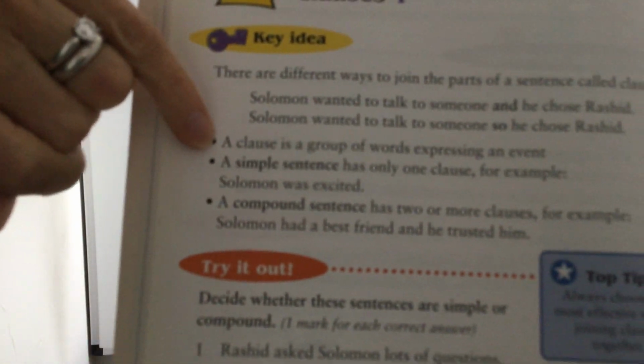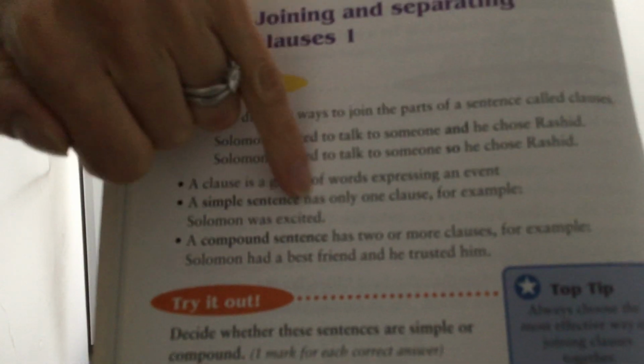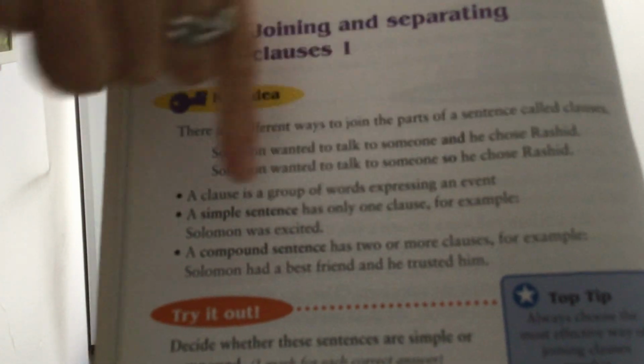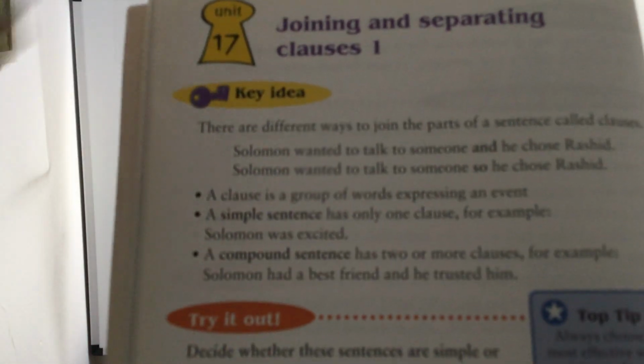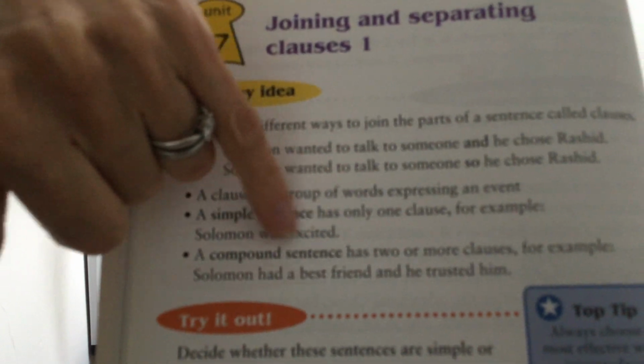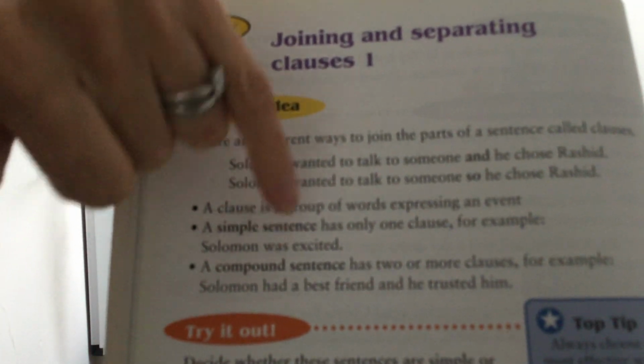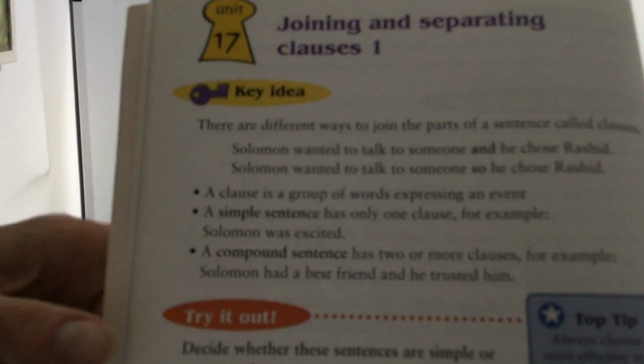A clause is a group of words expressing an event. A simple sentence has only one clause. For example, Solomon was excited. It's got one idea. It's got the subject and it's got the verb. Verbal phrase, we should say here, because there's 2 words. Was, that's the to be, and excited was how he was being.